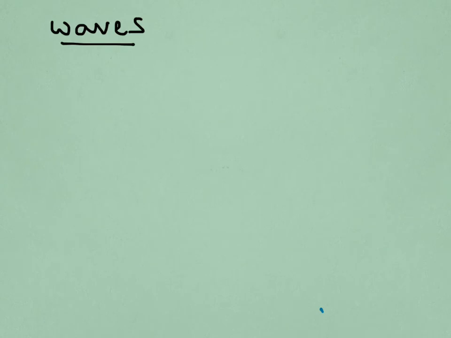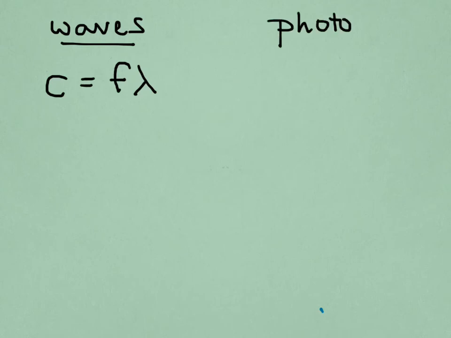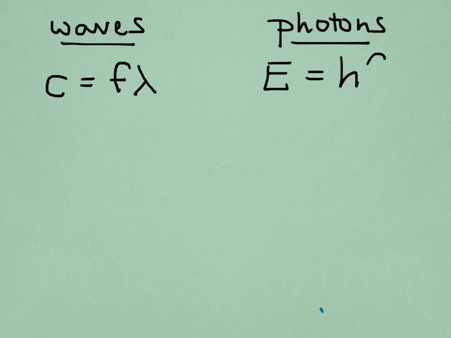So from the starting point of waves, we have an equation that says c = fλ, and from the photon idea, we have another equation that says E = hf, and they've both got a constant in them. For the wave equation, the speed of light is a constant. For the photon equation, h, Planck's constant, is of course a constant.